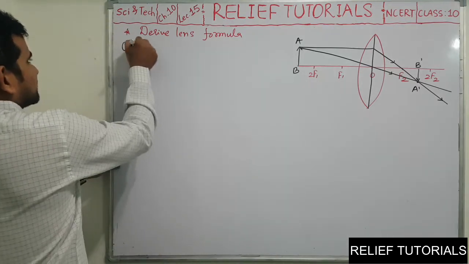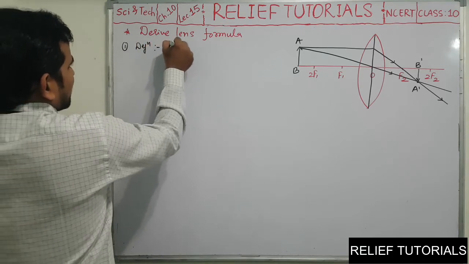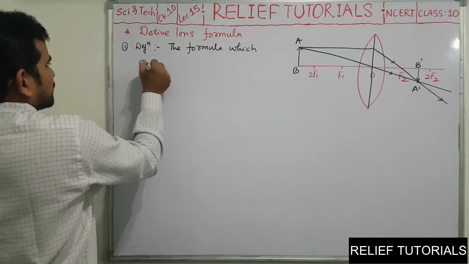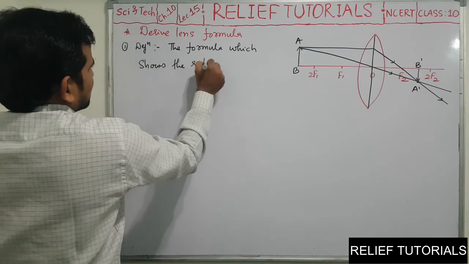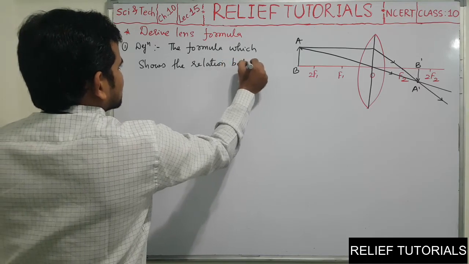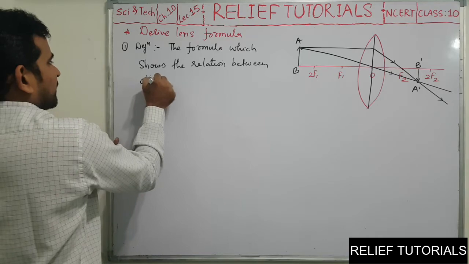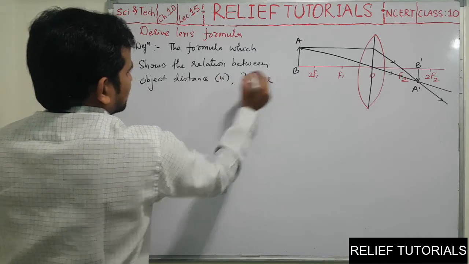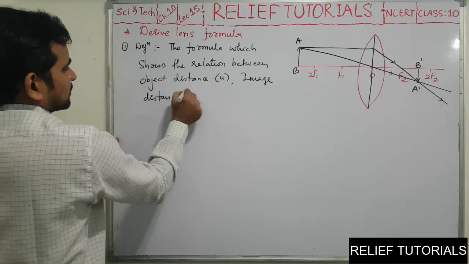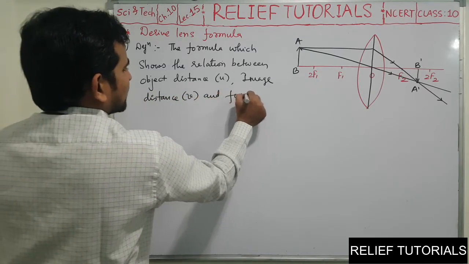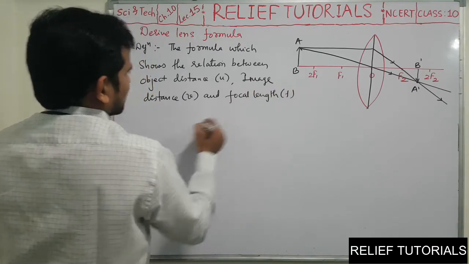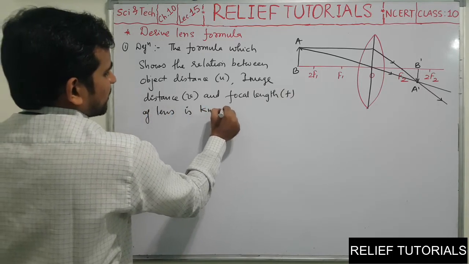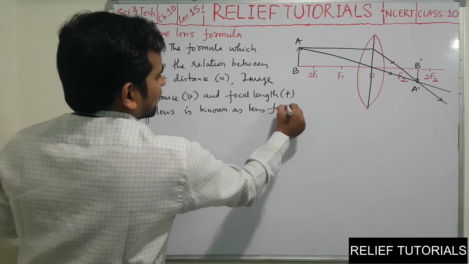First point is the definition: the formula which shows the relation between object distance, image distance and focal length of a lens is known as the lens formula.